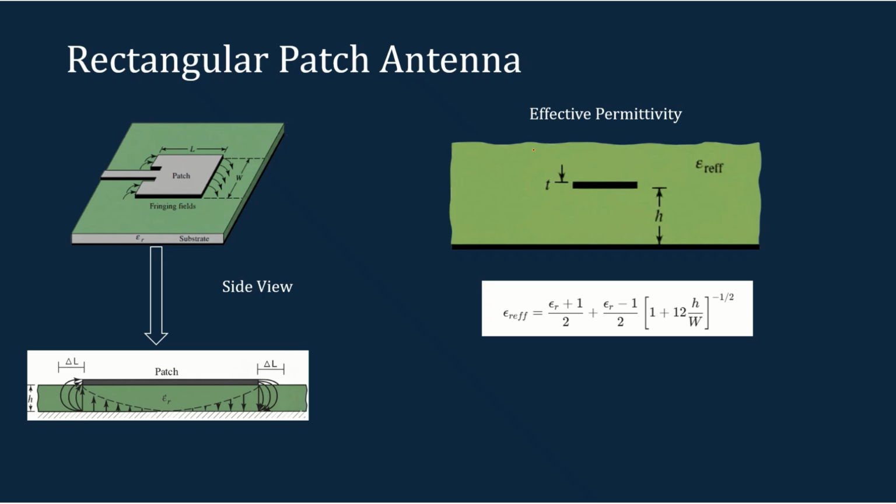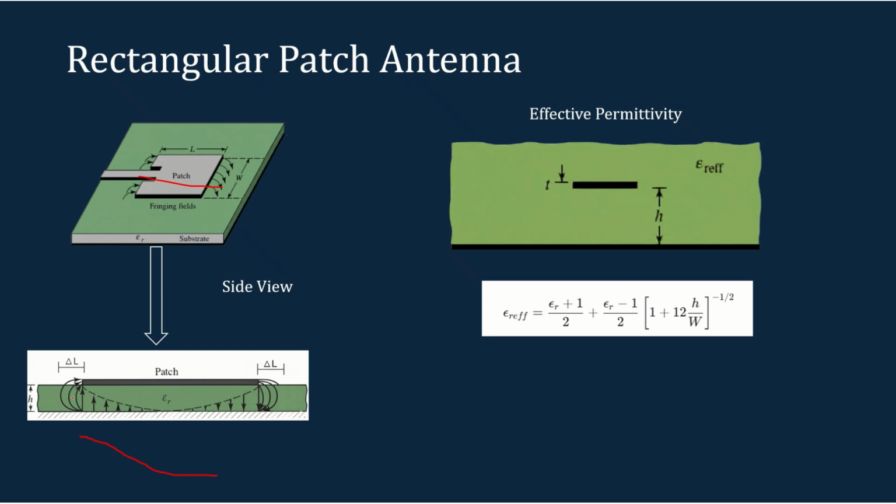Next, let's see what is meant by effective permittivity. We have seen what is meant by fringing, and if you cut along this plane, this will be the side view. This is the length of the patch, and here you can see the variation of the field inside the dielectric, which is like a half wave variation.